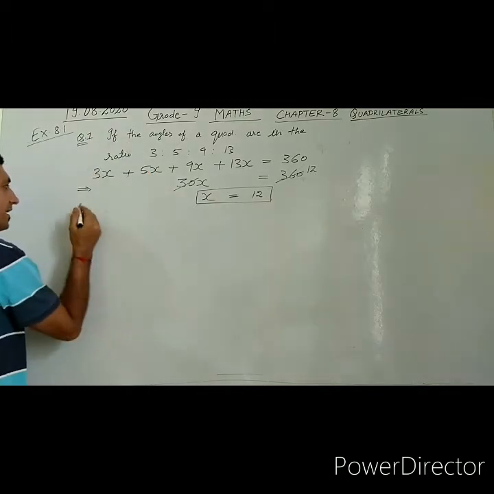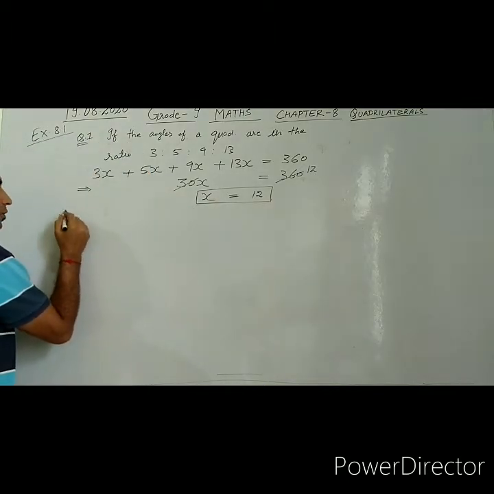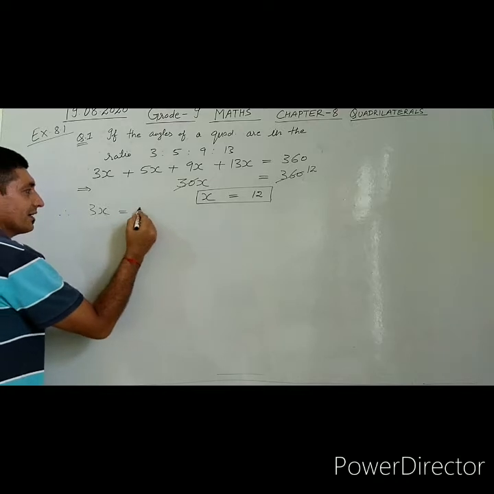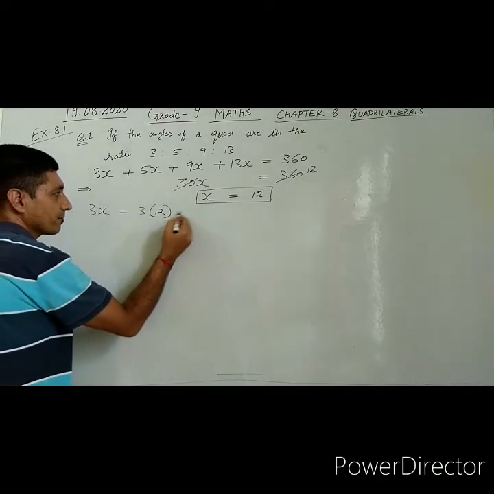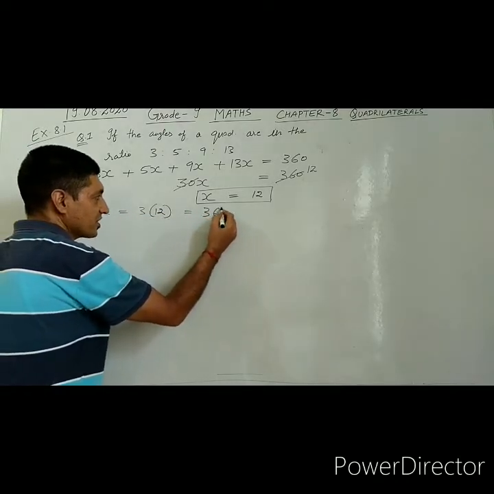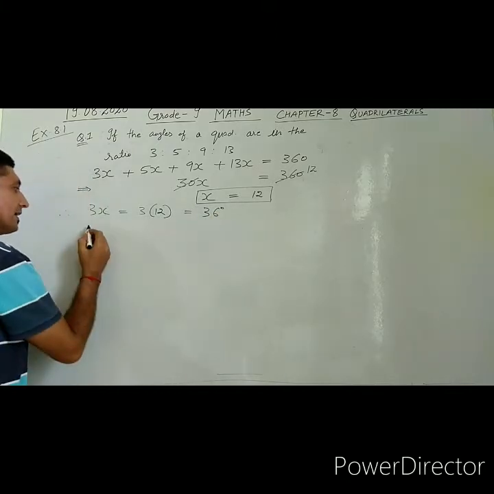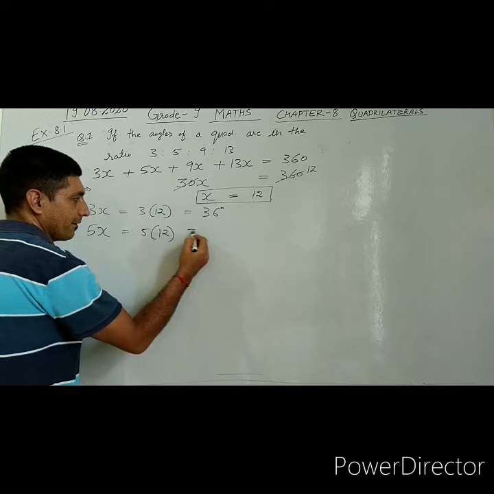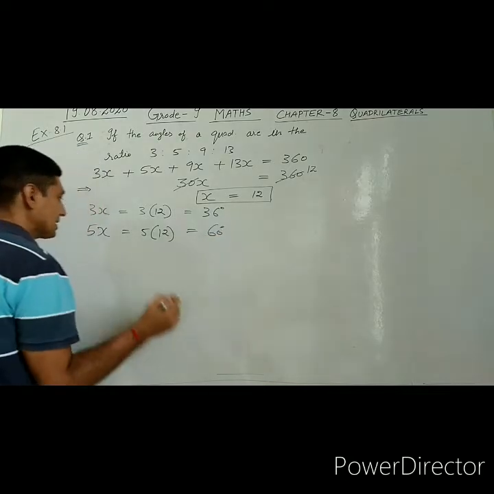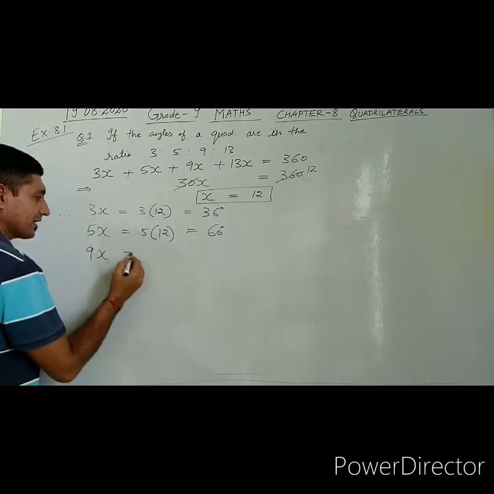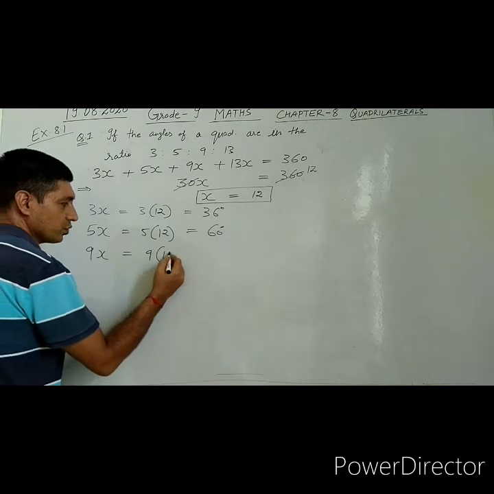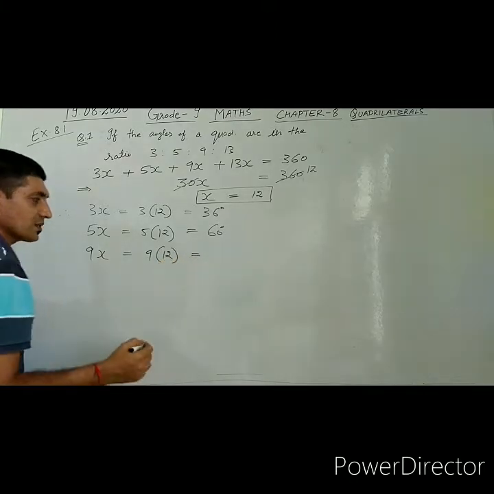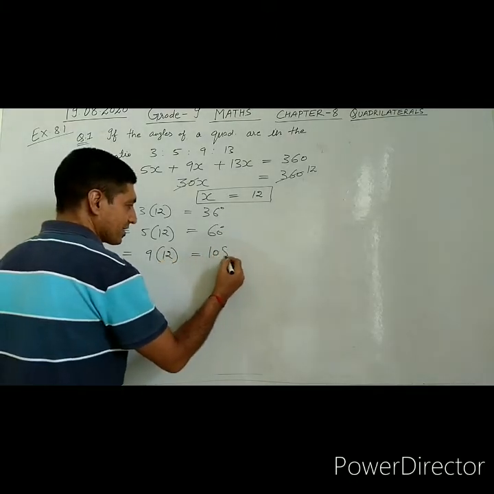So if x is equal to 12, what are the angles? The first angle is 3x, that is 3 into 12, so it is 36 degrees. Next is 5x, that is 5 into 12, that is 60 degrees. Similarly 9x, that is 9 into 12, that is 108.